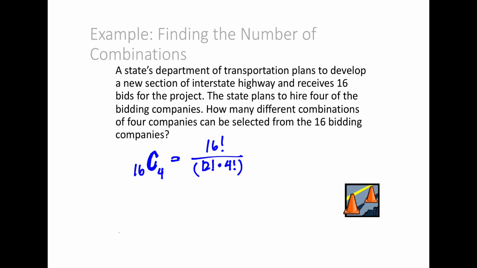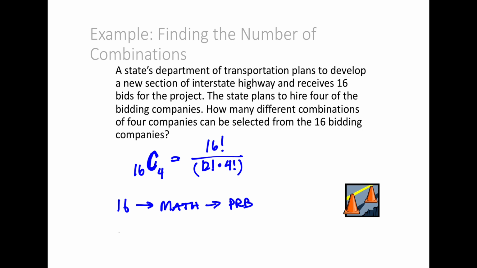Now, I do want to show you that if you type in 16, so type in your calculator 16, and then I want you to go to math again, and then PRB, so the same screen, probability.